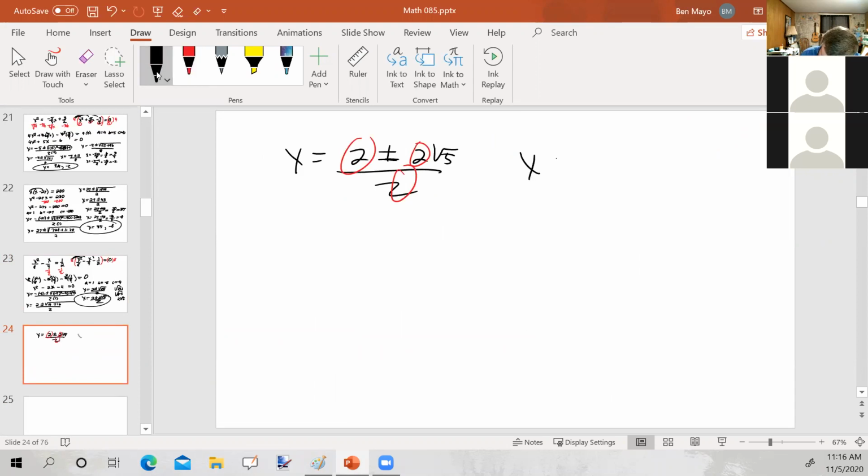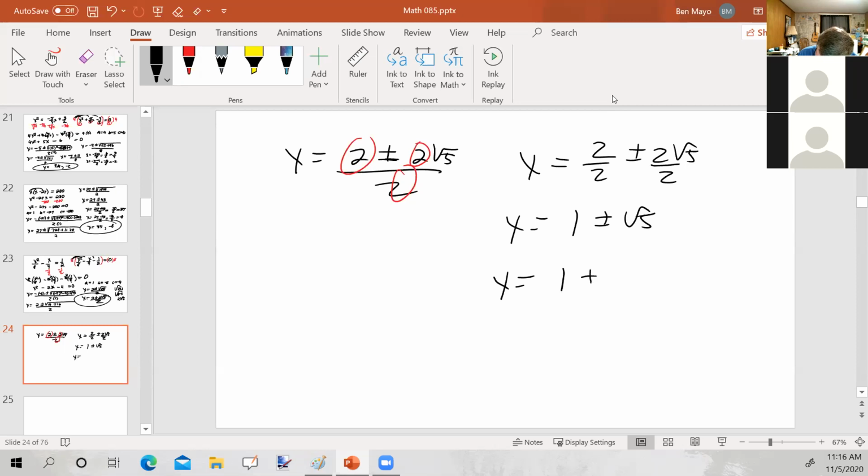So I could say X equals 2 over 2 plus or minus 2 square roots of 5 over 2, splitting up the 2 terms in the numerator over the denominator. We did that way back in chapter 5.7 or 8, I think it was, earlier on this quarter. So then this becomes X equals 1 plus or minus the square root of 5.